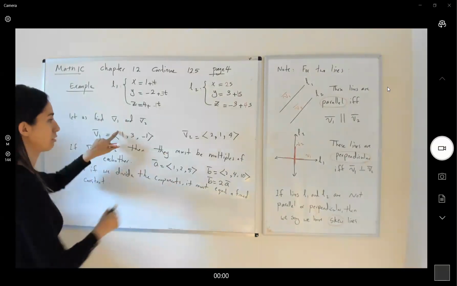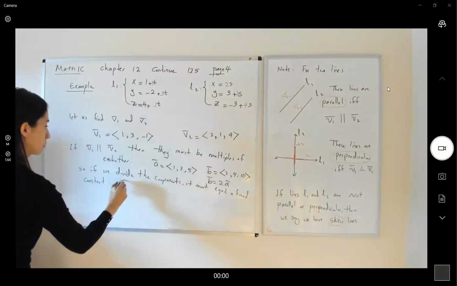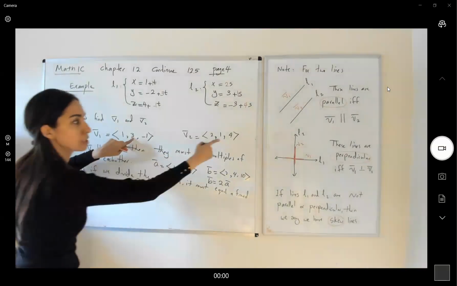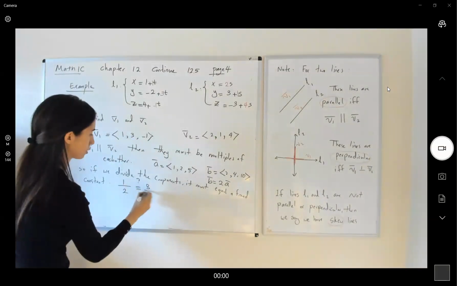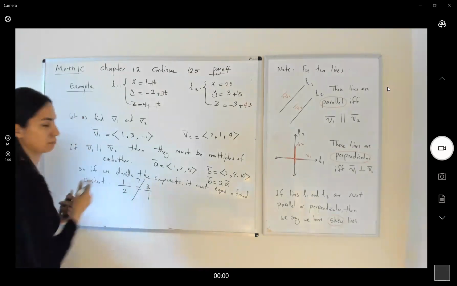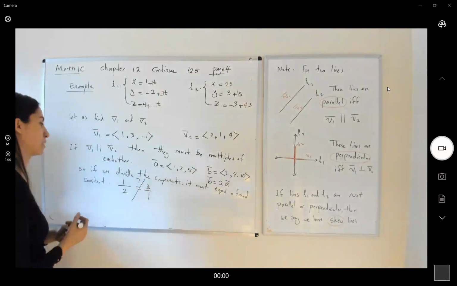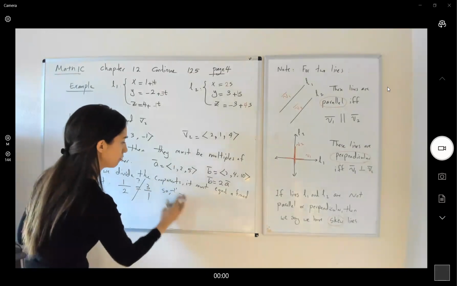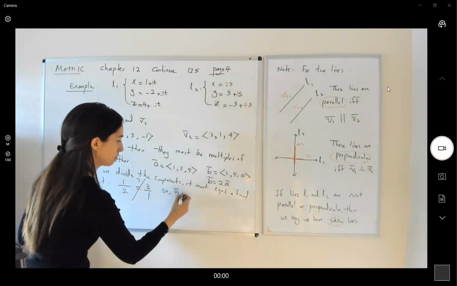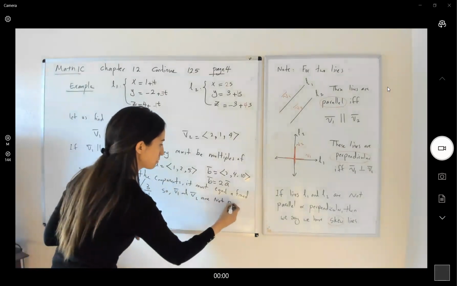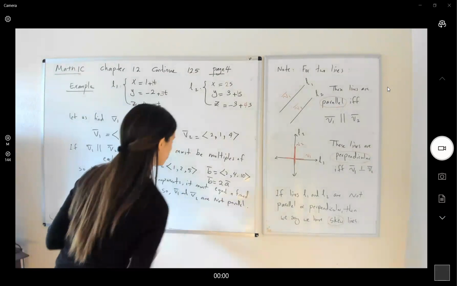Suppose we divide 1 by 2, 1 over 2. Is this equal to 3 divided by 1? Of course not. They are not equal to each other. So they are not parallel to each other. So V1 and V2 are not parallel.